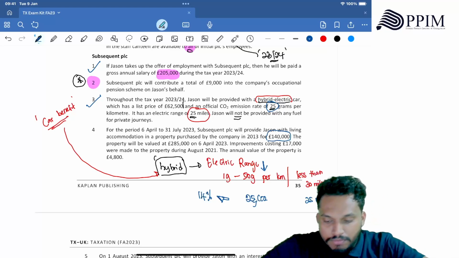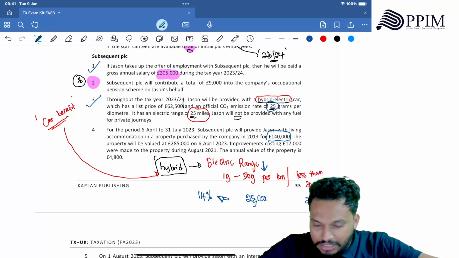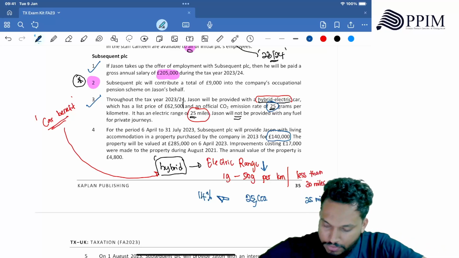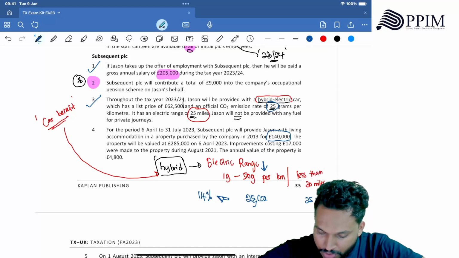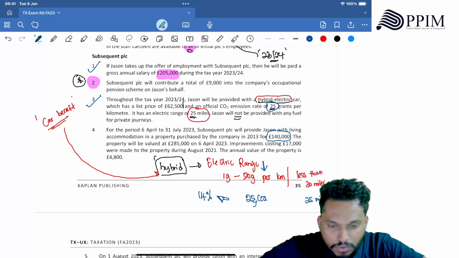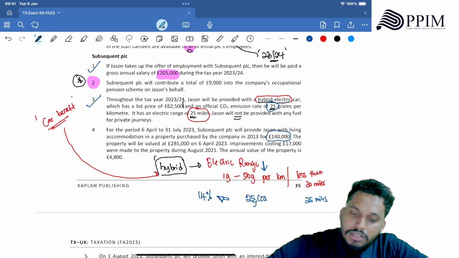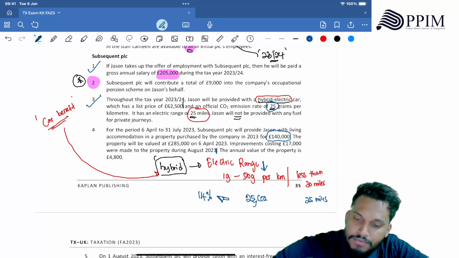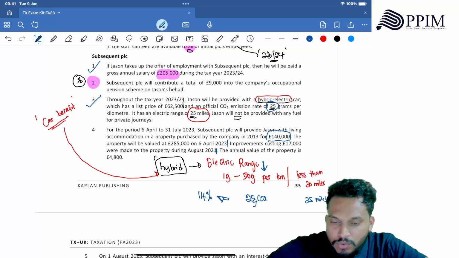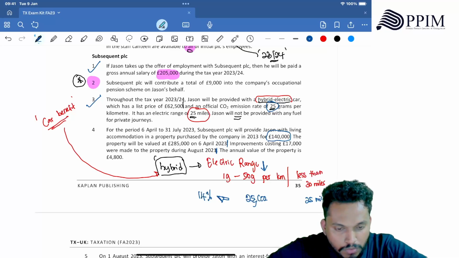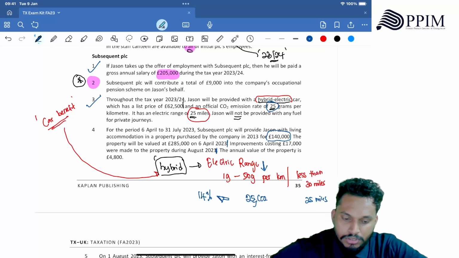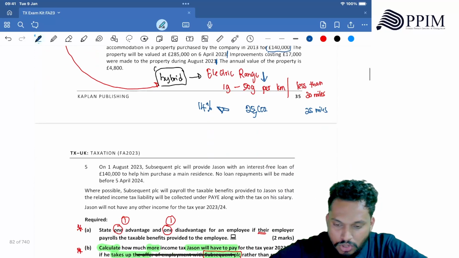The property will be valued at 285,000 pounds. Improvements costing 17,000 pounds were made to the property during August 2021. The annual value of the property is 4,800 pounds. Okay, cool. Then that's all they have provided.